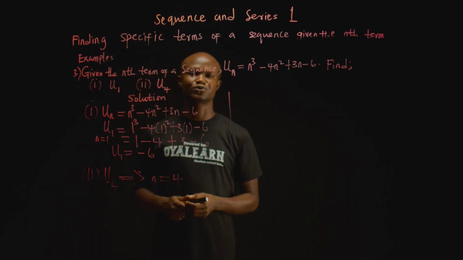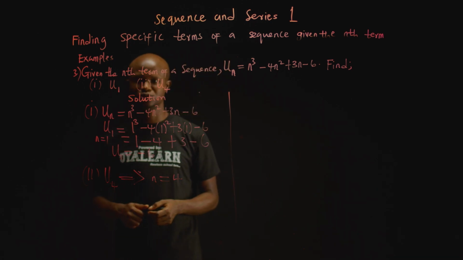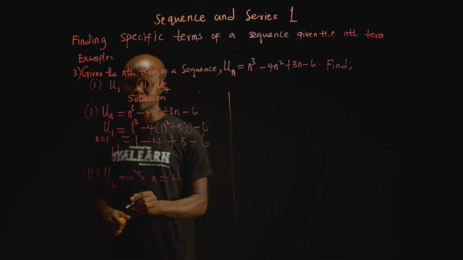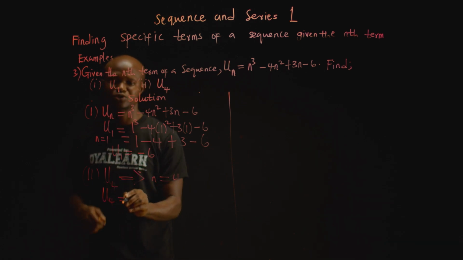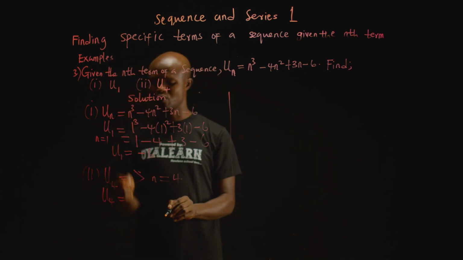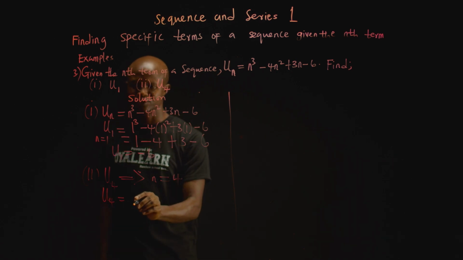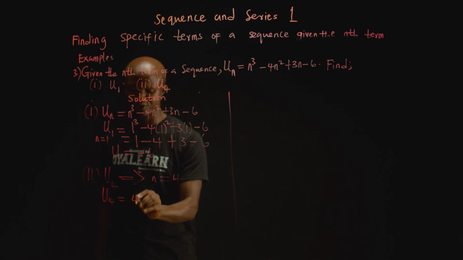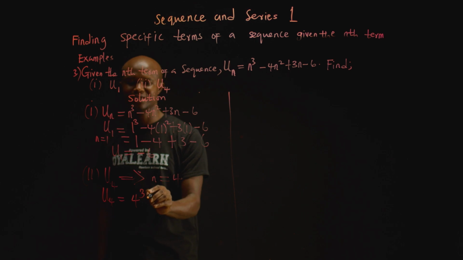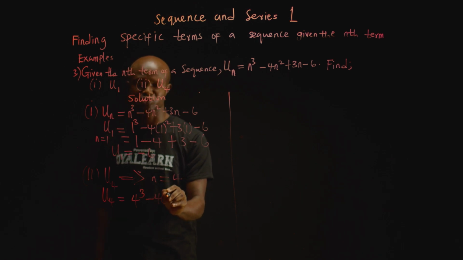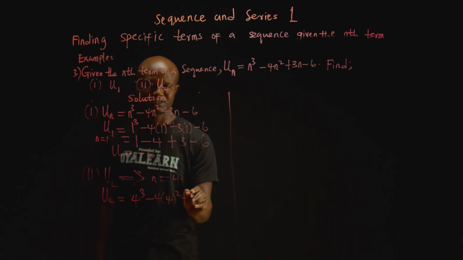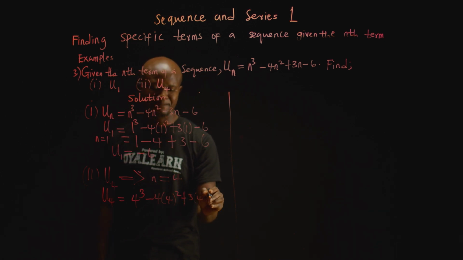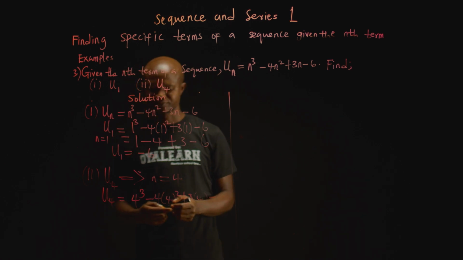In this case, for us to find the value of u4, we have n equals 4. We substitute anywhere we see n, we put 4. So in that case, we have 4 raised to the power 3 minus 4 into 4 squared, then plus 3 into 4 minus 6.